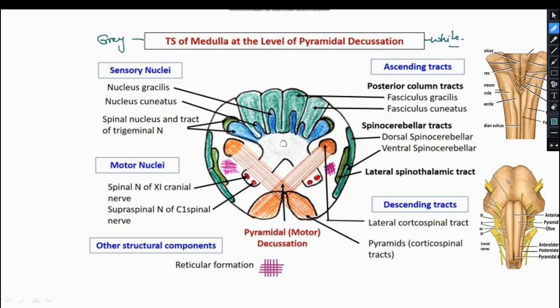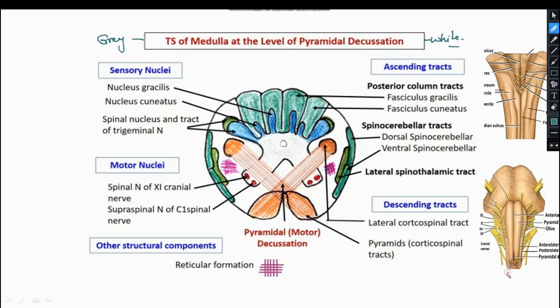These two images you have already seen in the medulla oblongata part 1, where we saw the external features.